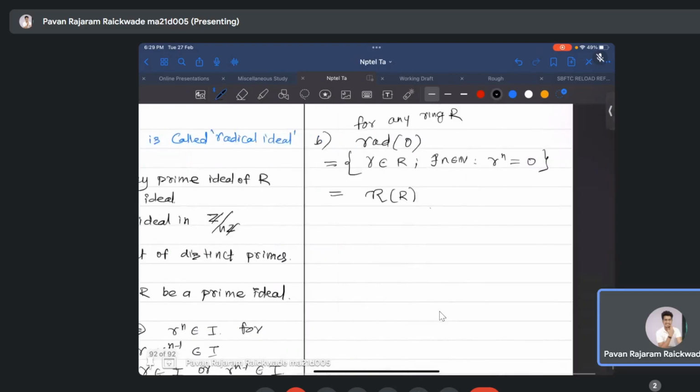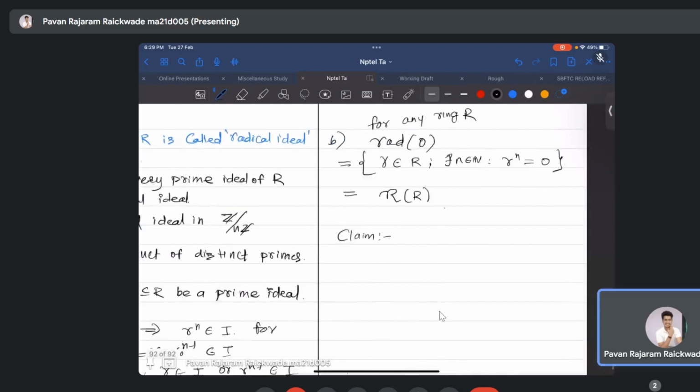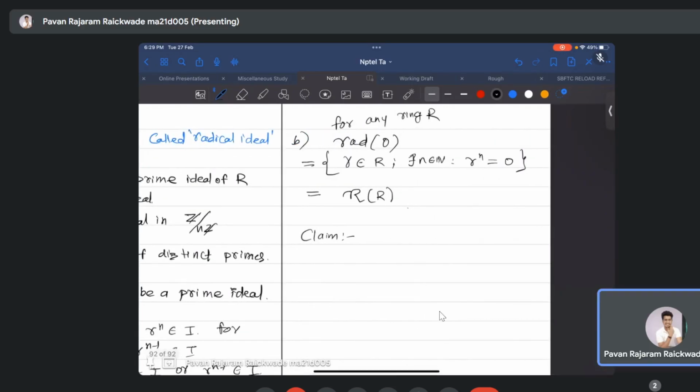So if 0 is a radical ideal, the claim is that there are no nilpotent elements if and only if n is a product of distinct primes.